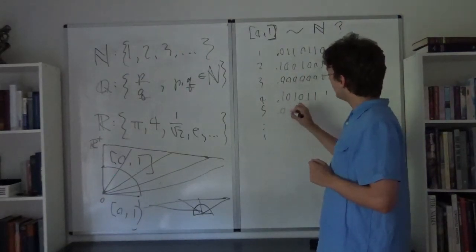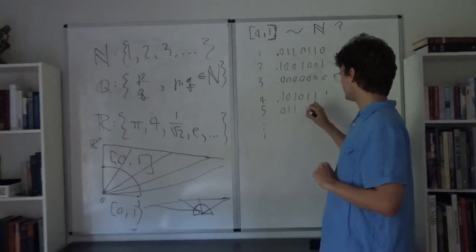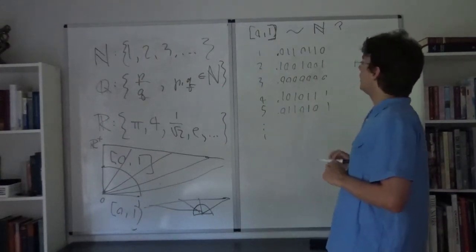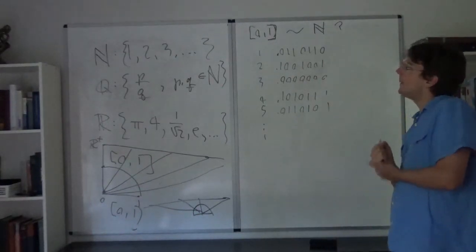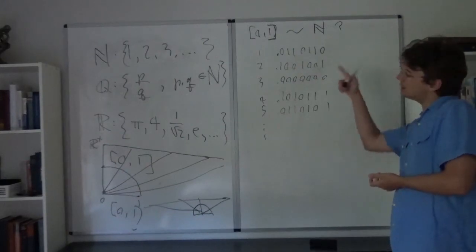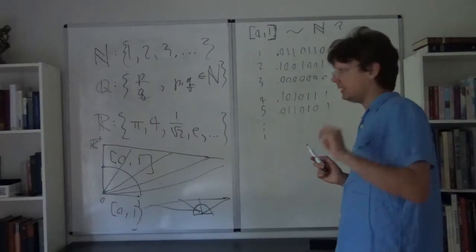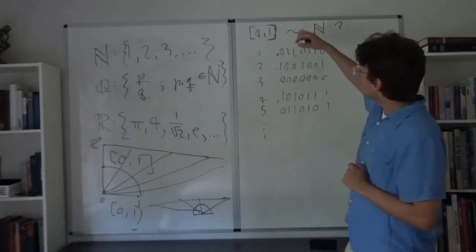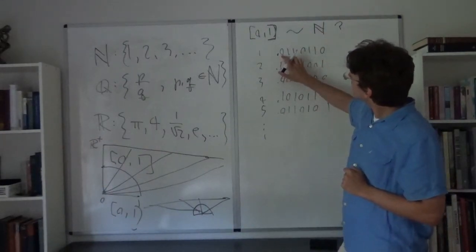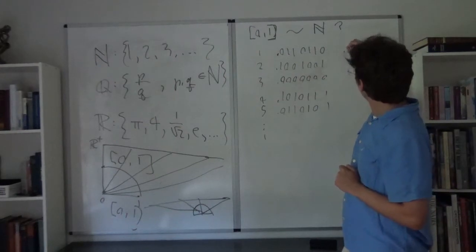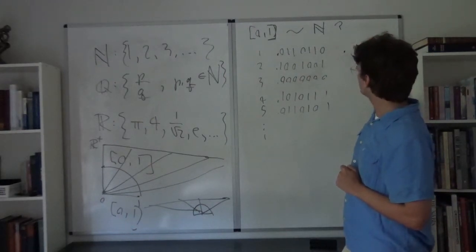Okay, so I have this list. I'm supposing I have this list. Now, can I make an element that this list doesn't have? Is that possible? Yes, it is. You see this right here, this 0? What if I took a number and made its first place 1?